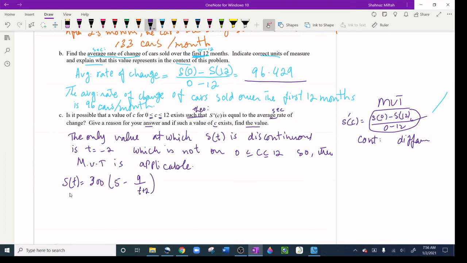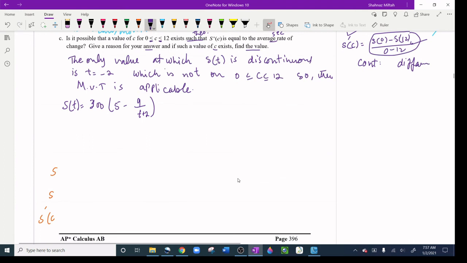I'm going to write my function first. I'll rewrite it so I don't have to use the quotient rule, because we do need S prime c, the tangent. The secant one I already have, which is 96.429.